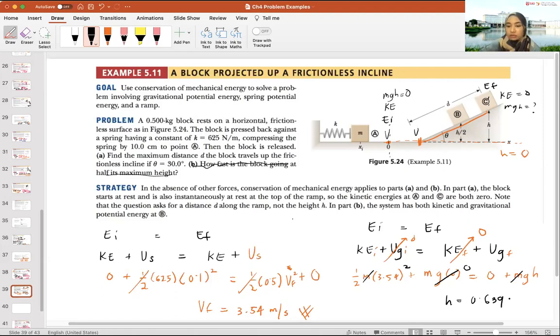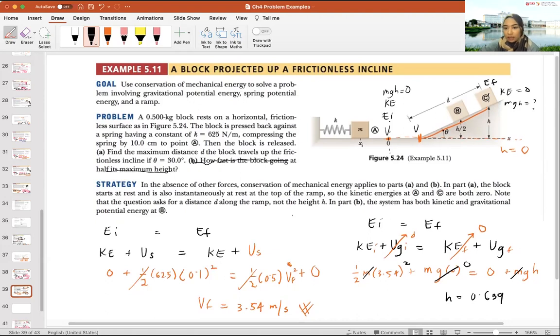So if I wanted to know what is my D, I can use my sine equation ataupun trigonometry. Sine of 30 degrees is equal to opposite over hypotenuse, where opposite is our height, 0.639, and hypotenuse will be our D. Specifically from this point to this point, sebab angle kat sini.